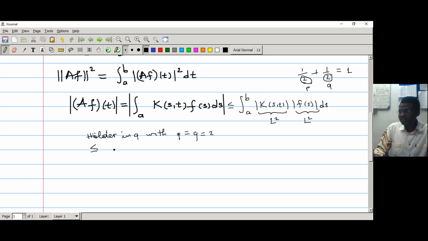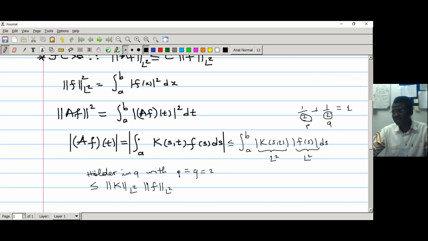So in that case, this will be less than or equal to the 2 norm of this times the 2 norm of that. That's Holder. Directly, if you apply Holder, it gives us less than or equal to the 2 norm of this times the 2 norm of the other one.